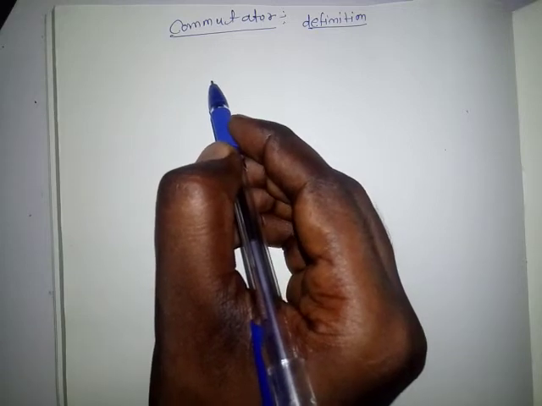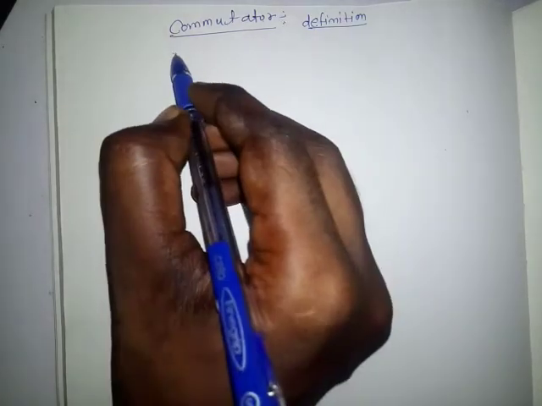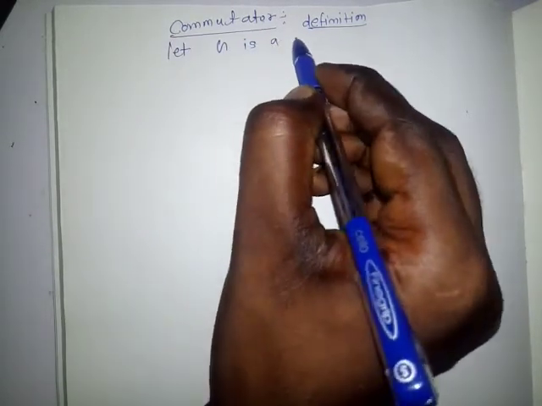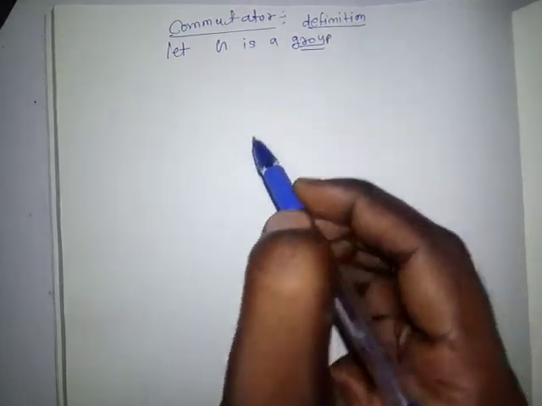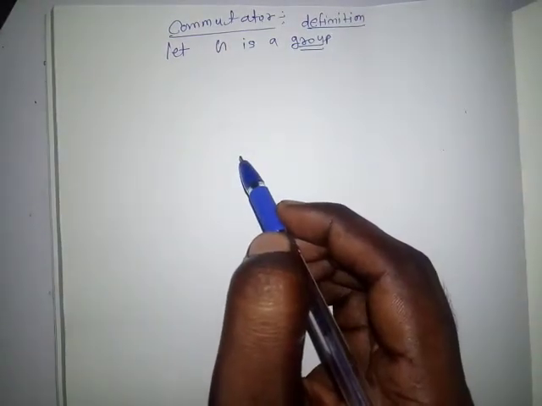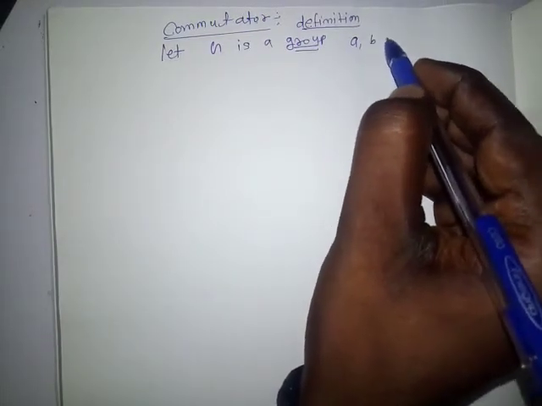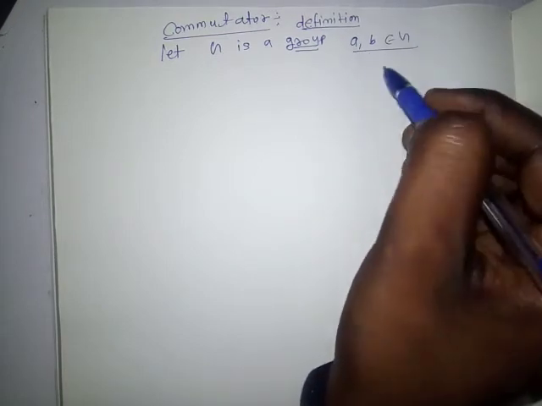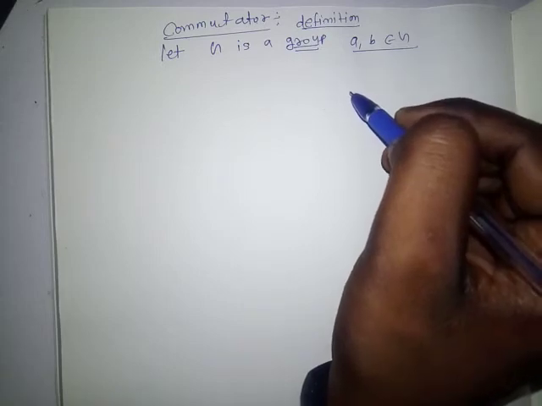The definition is: let G be a group, and A and B be any two elements of group G. It means A and B belong to G, students.